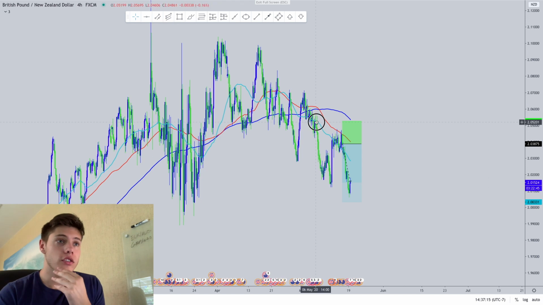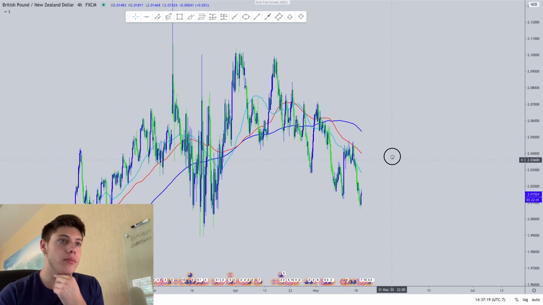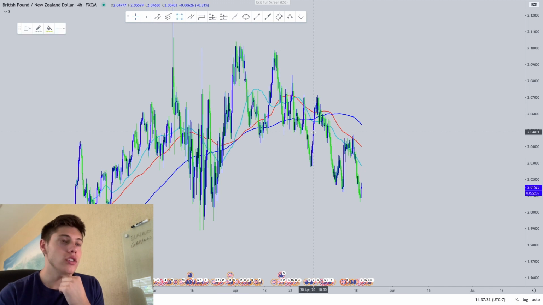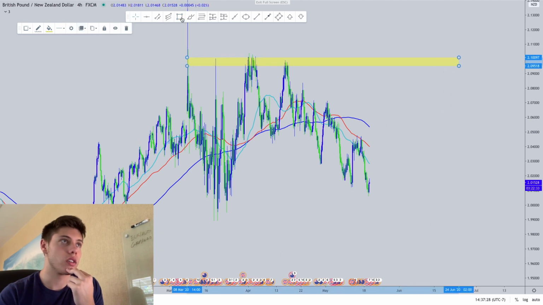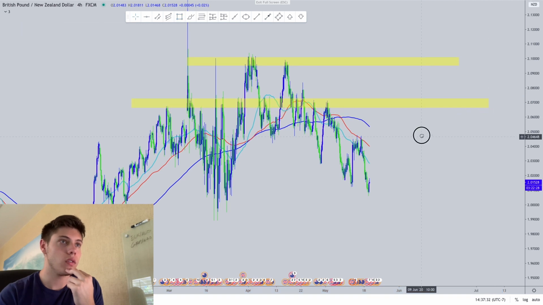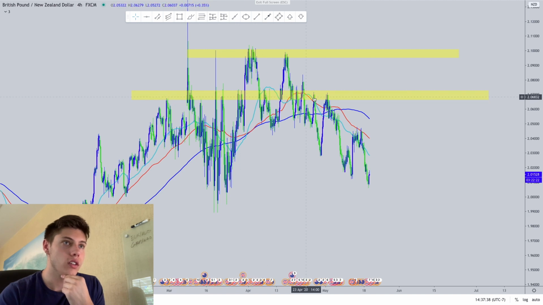So here's the chart. I usually start off by drawing zones. So let's just do that really quick. All right. When I'm drawing my zones, I'm just trying to connect points where price has reacted multiple times, right?